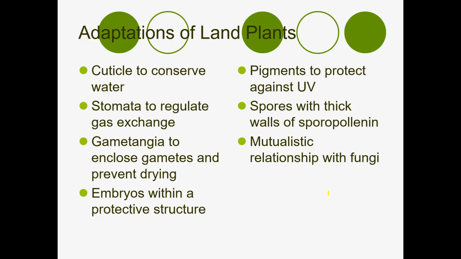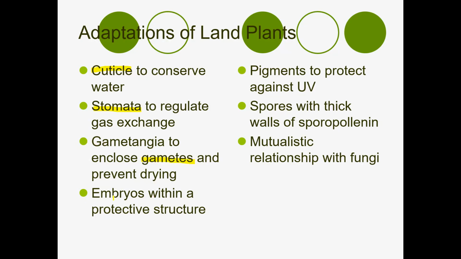So what makes the land plants special? What are some of those adaptations that they have? We'll look at some of these as we go into structures. They have a cuticle, which is a waxy layer on the outside. They have stomata, which are the little holes under their leaves that help them take gases in and release oxygen. One of the things that we're going to see over and over is protection. So they have protected gametes in gametangia.